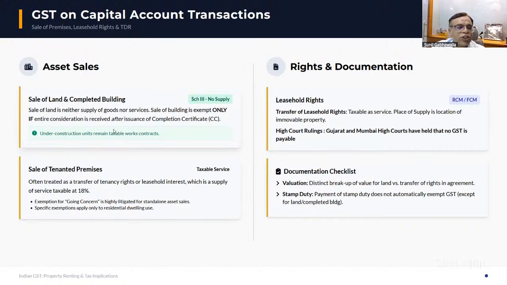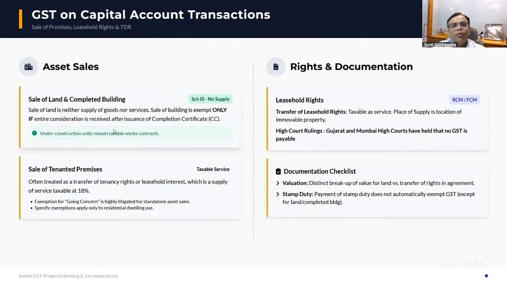In those situations, the leasehold right available to him is assigned to the new buyer. Here the department wants to say that these are services rendered by the exiting lessee to the incoming lessee. Of course, there is a lot of controversy, and it's an incorrect way of looking at it.